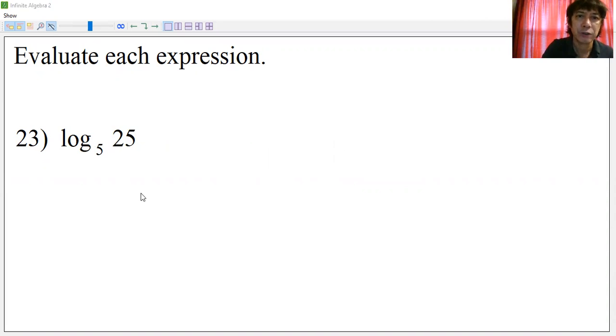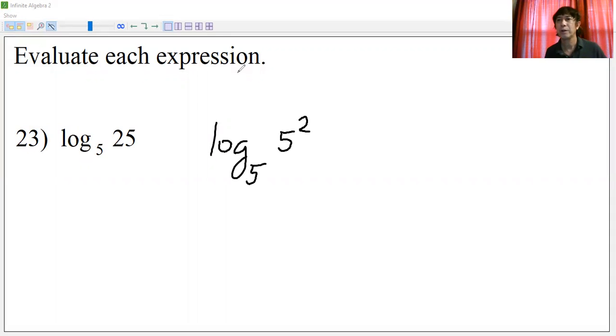So the solution is to just transform this logarithm to the base 5 of 25, which is expressible as 5 squared. And so we can see the answer 2 there. And so this is now 2. Is it 2? Yes. All right. So you can see the red number over here.